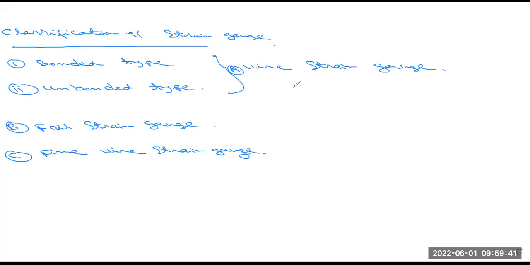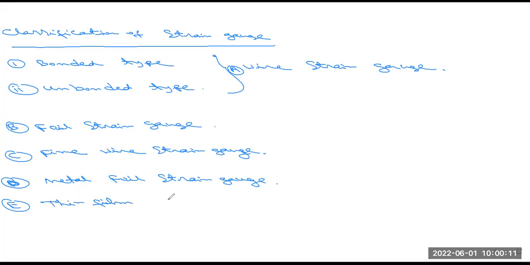These are the same categories. Metal foil strain gauge. Number E, thin film strain gauge.